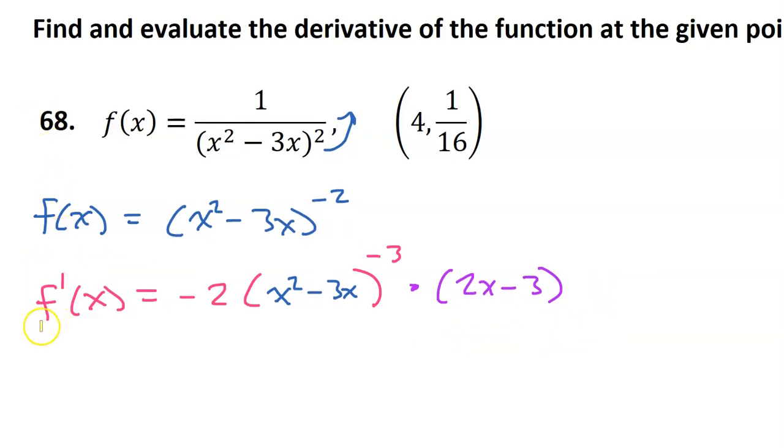Except wait, we were not simply asked to find the derivative. We are supposed to also evaluate the derivative at the given point. So this derivative is in terms of x. So when we evaluate, we really are just substituting the 4 for these x's.